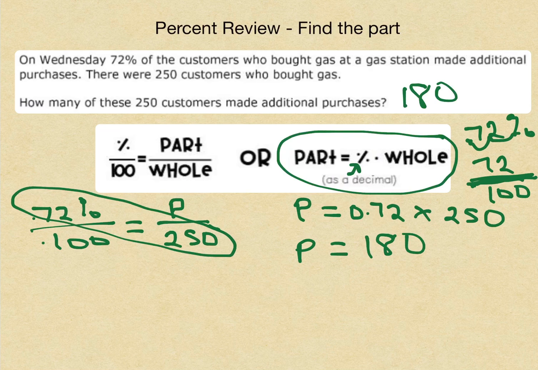Now, I want you to notice that the way we just solved it, we divided by 100 first to get our decimal, and then we multiplied by 250. If we were to do it over here on the right side with cross multiplication, you multiply 250 times 72 first, which gives you 18,000.